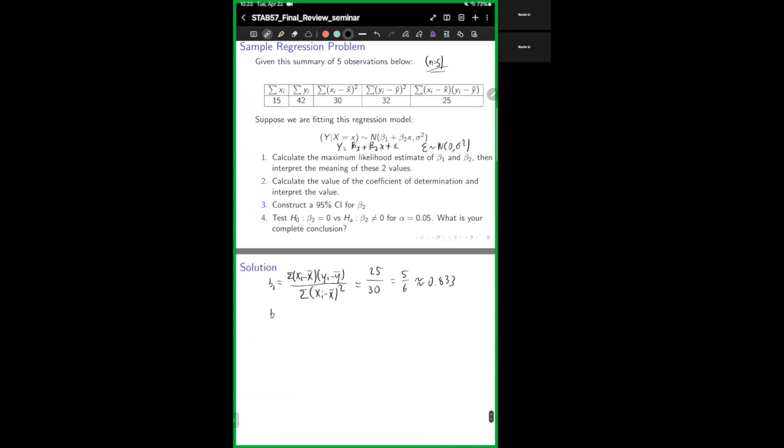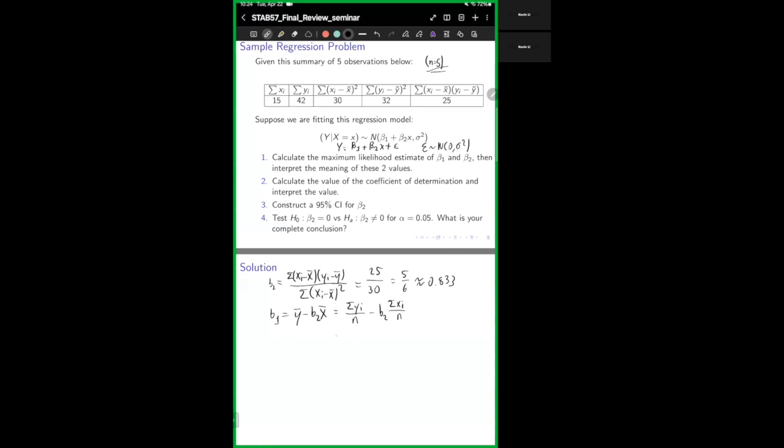Then we take b1, which, as we remember, is equal to y bar minus b2 times x bar. Remember, y bar is equal to the sum of yi over n, and x bar is equal to the sum of xi over n.